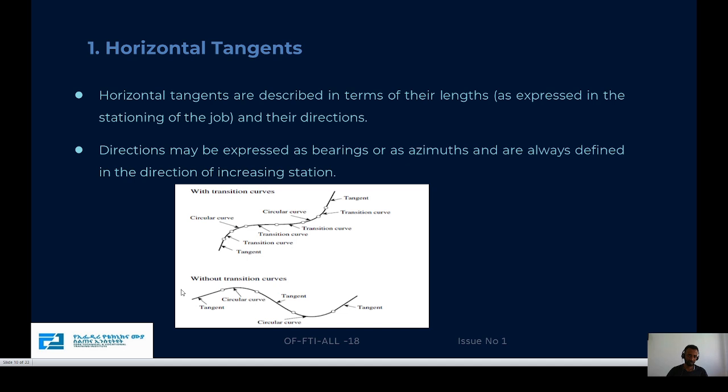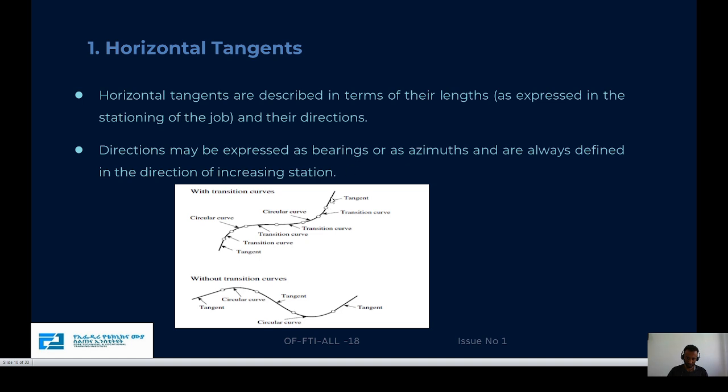So the first is horizontal tangents. Horizontal tangents means the straight line terms, their lengths. So this is a tangent. For example, this is with transition curves and without transition curves. Transition curves will be provided between tangent and the curve.